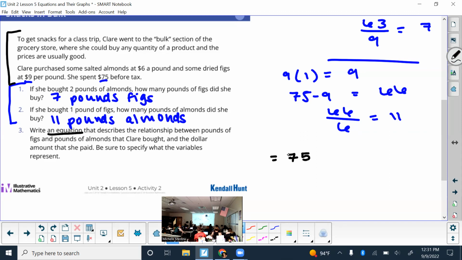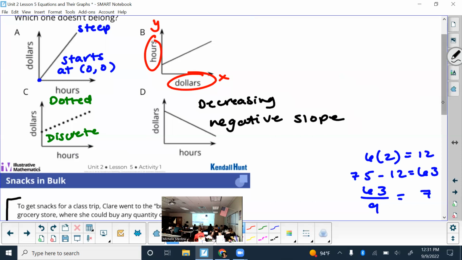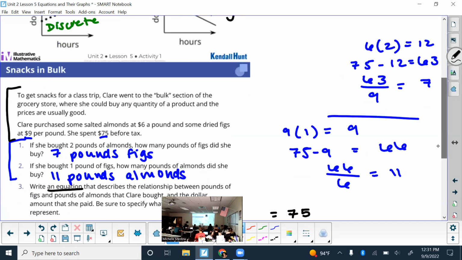That's usually a good place to start. The other side of the equal sign would be anything that contributes to the grand total. So what contributes to the grand total? And how can I show that relationship between the almonds and the cost? Like, how did we know how much 2 pounds of almonds cost?